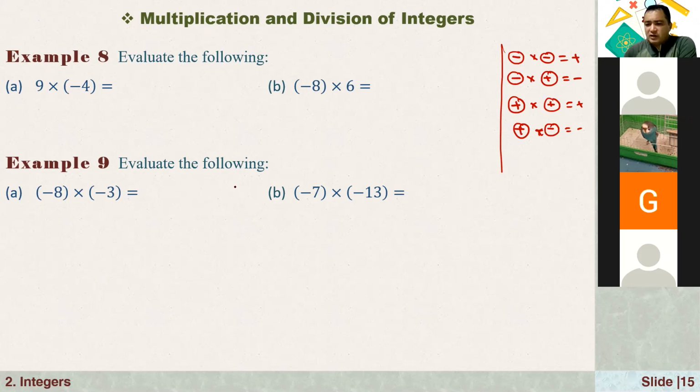So Neil, let's continue. Start with you, Neil. What is 9 times negative 4? So 9 is positive, right? Positive times negative will be negative. 9 times 4 is 36.